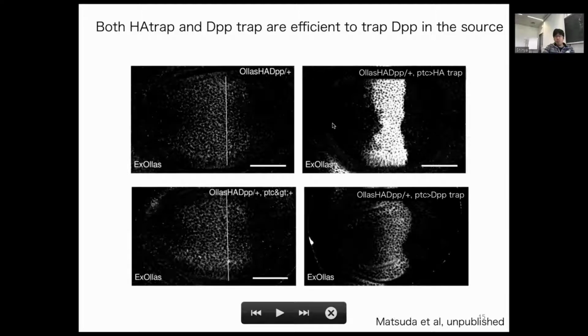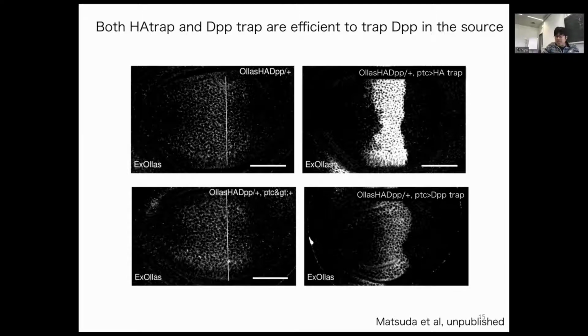And therefore you see a nice blockage of the DPP morphogen gradient outside. For example, in the posterior compartment, in the control you see a nice gradient, but in the trapping condition you see almost undetectable DPP.